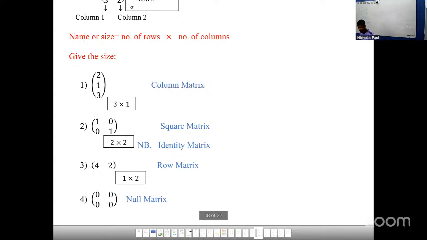Very good. And if you multiply anything by 1, what do you get? You'll get back the value. So anything you multiply by the identity matrix 1 0 0 1, you'll get back the original thing. Only this can give you back the original.